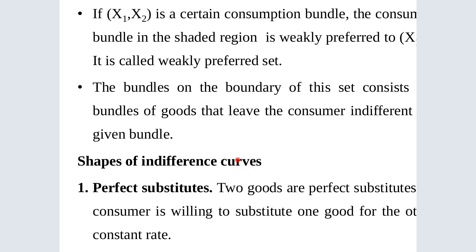If I substitute, for example, one piece of cloth for the other, that is perfect substitutes. You simply substitute one good for the other at the same rate. If it is 1, you exchange 1 for 1. If it is 2, you exchange 2 for 2. That is what we refer to as perfect substitutes.